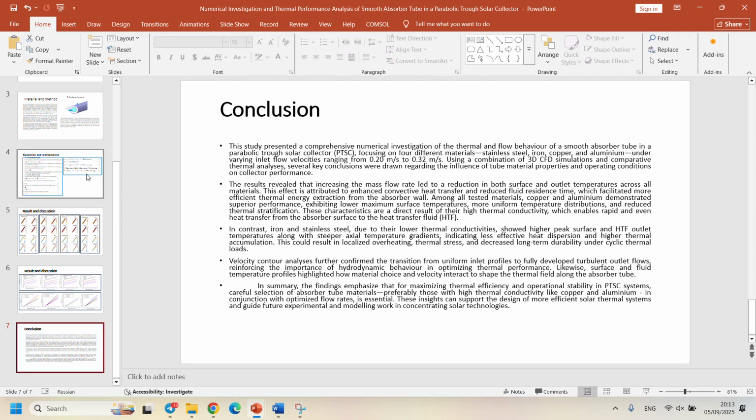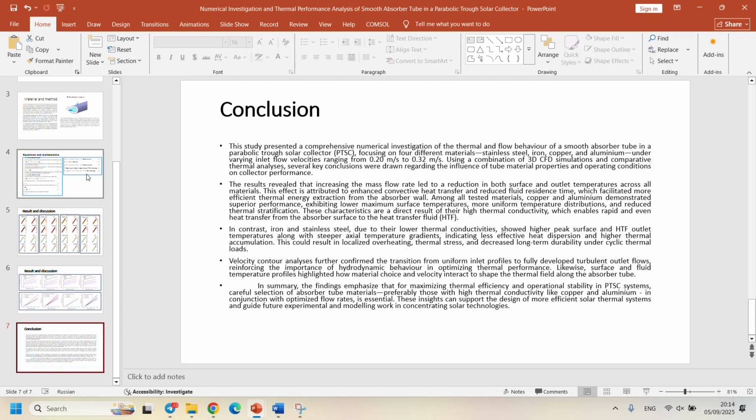Using combination of 3D simulation and comparative thermal analysis, several key conclusions were drawn regarding the influence of the tube material properties and operation conditions on collector performance.